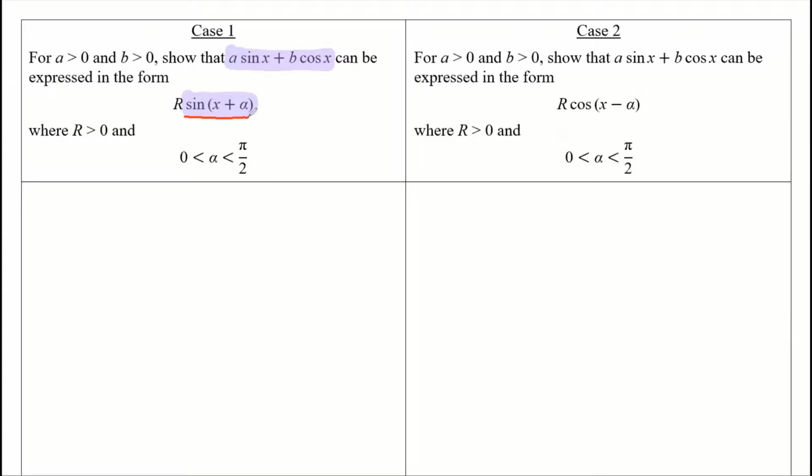Now let's do that. So I'm going to start off with the r sine of x plus alpha. So r is a positive value as well. And we're told that alpha is, of course, an acute angle. It's non-zero. So x plus alpha, and we know we have an identity for all this.